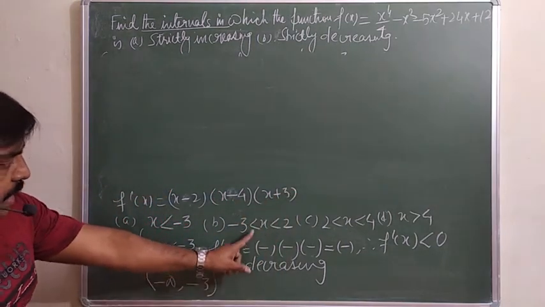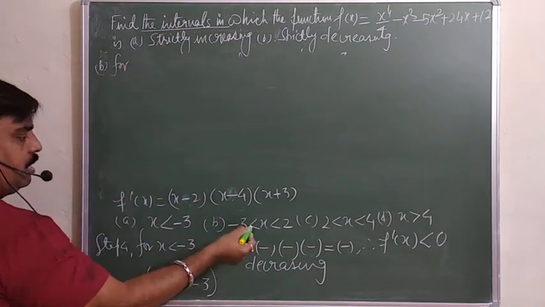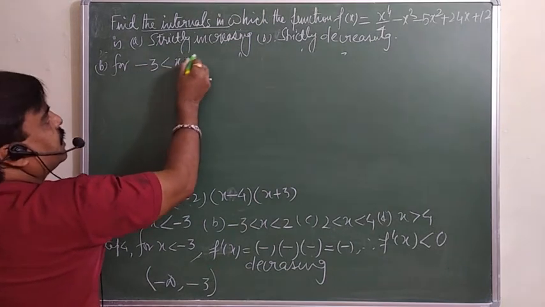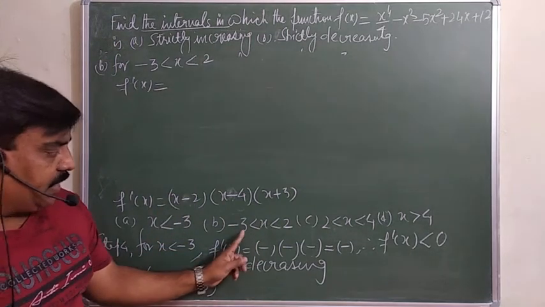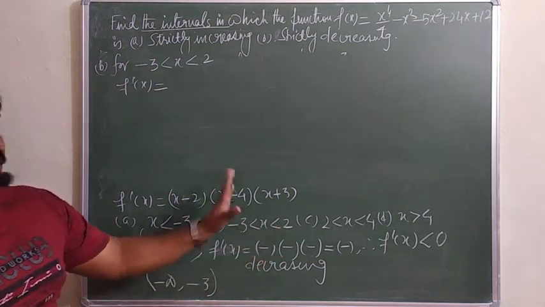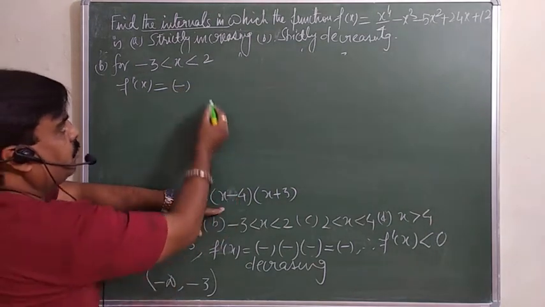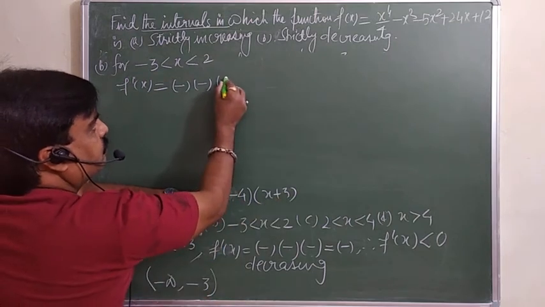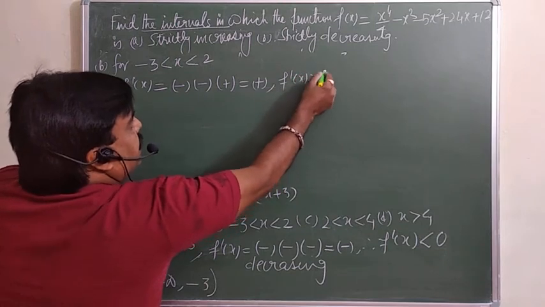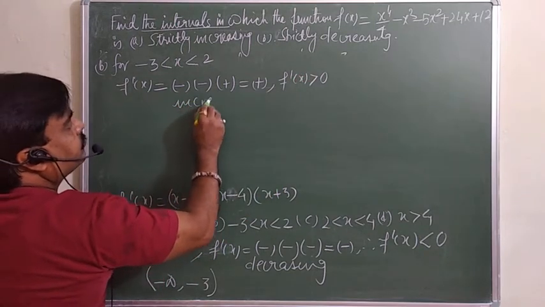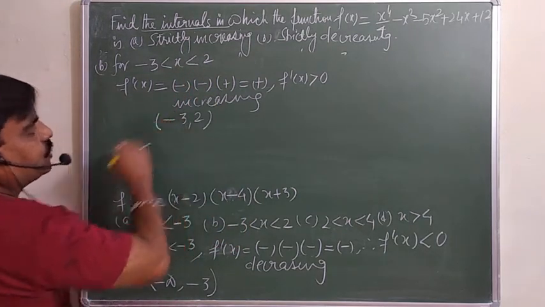Now for the second, B part, minus 3 is less than x is less than 2. So you will check f dash x. Since x is greater than minus 3 but less than 2, you can put 1. You will get the negative, and 1 plus 3 is positive, so ultimately you will get positive. It means f dash x is greater than 0, so it is increasing in the interval minus 3 to 2.